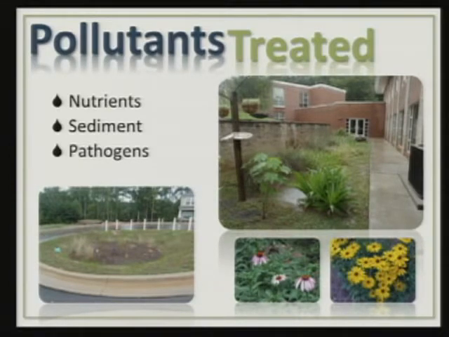Pathogens are also treated because they settle on the mulch layer. And these pathogens, such as E. coli, cannot handle very high temperatures, which will kill them. And so, as the sun comes out and that mulch layer is dried out, those pathogens are baked to a crisp and killed.